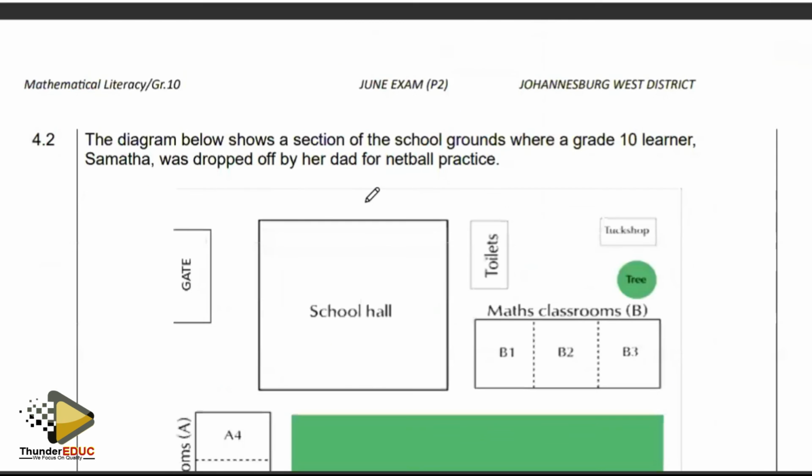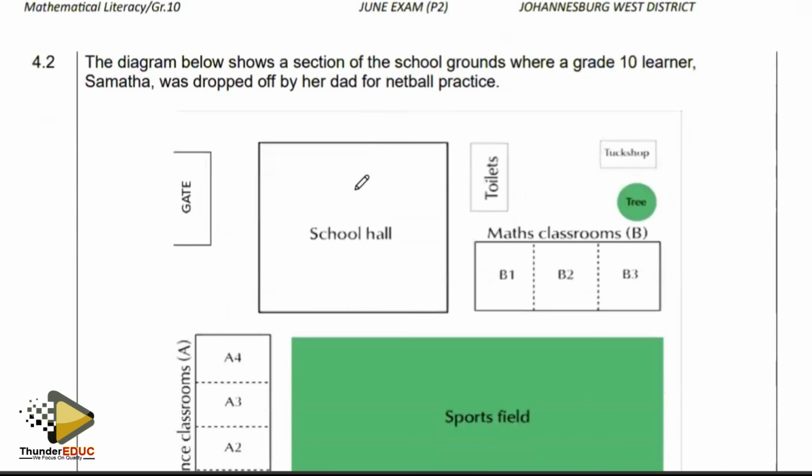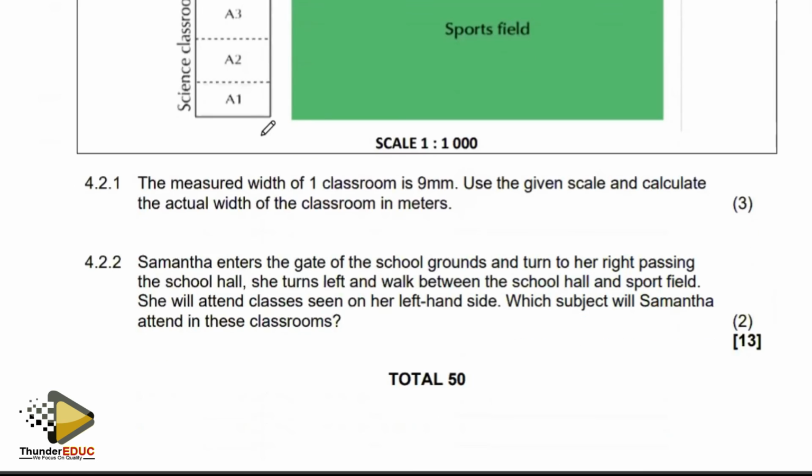Okay, we continue. A diagram below shows the section of the school grounds where a grade 10 learner Samantha was dropped off by her dad for her netball practice. The measured width of one class is 9 millimeters.